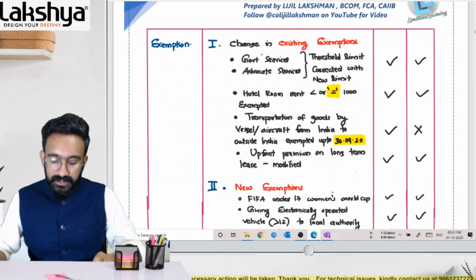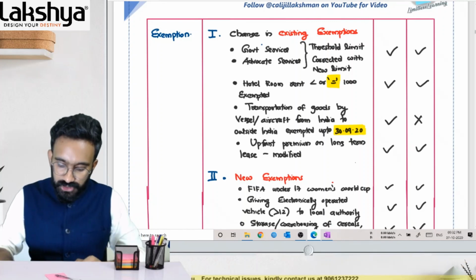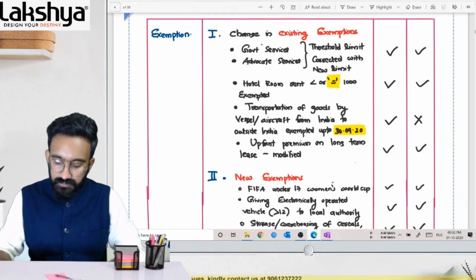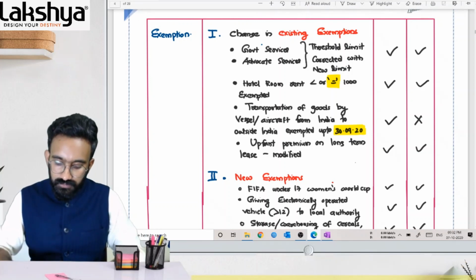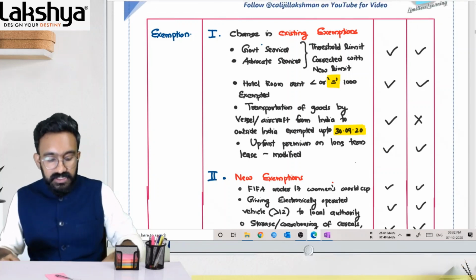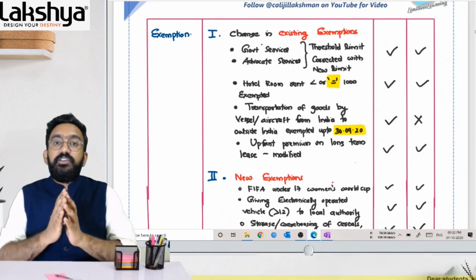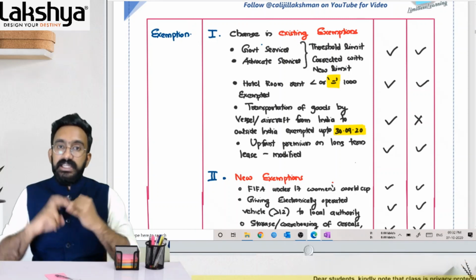Then the next one, the second amendment that has happened with exemption, is now if there is a service by way of providing accommodation, be it in a hotel or guest house.